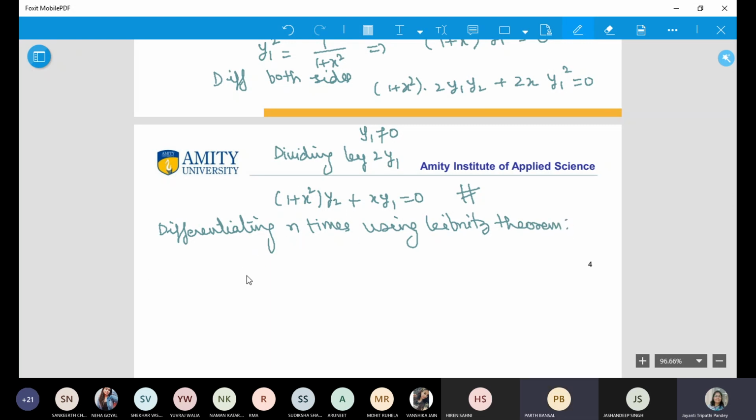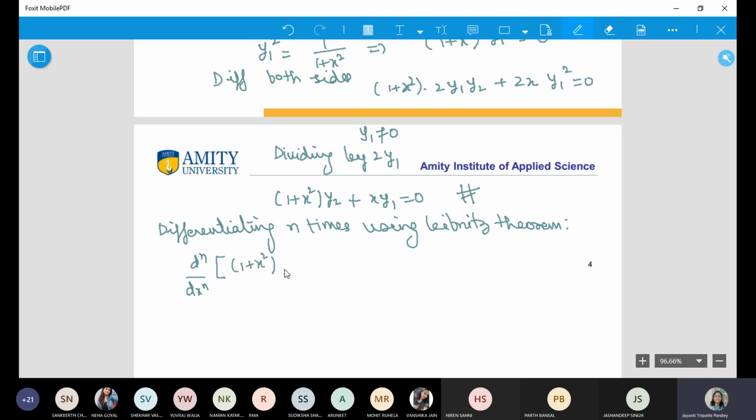Can we use Leibniz? Differentiating n times using Leibniz theorem. So for this term you will use Leibniz theorem. For this term you will use Leibniz theorem. See what I am doing. I want you to listen carefully to this part.